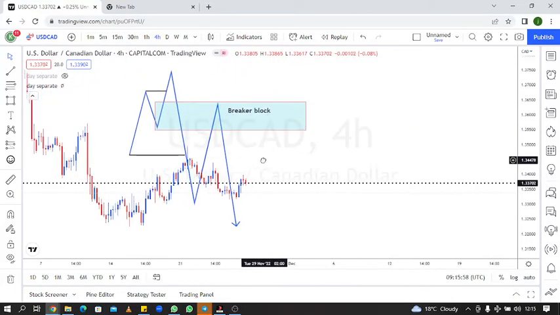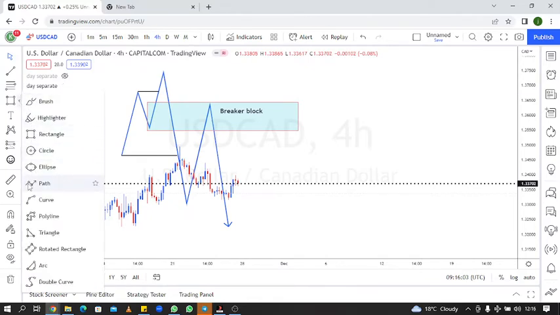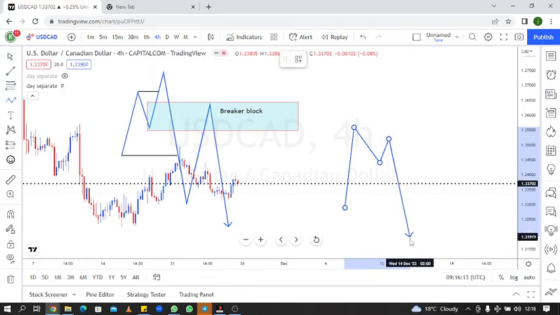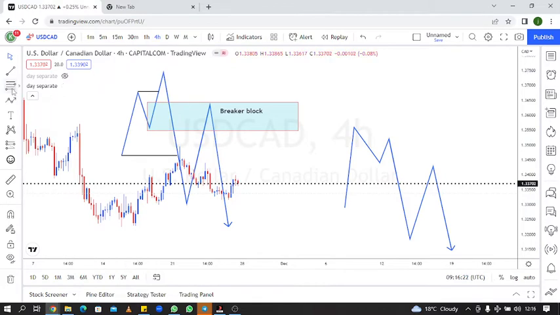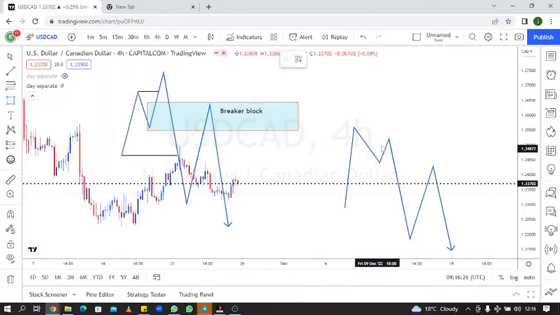Then we also have what we call a mitigation block. So mitigation block, it will form like this. Have you seen that the market failed? Okay, this is our mitigation block.